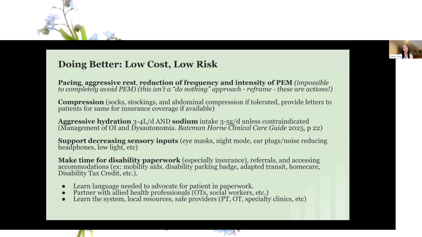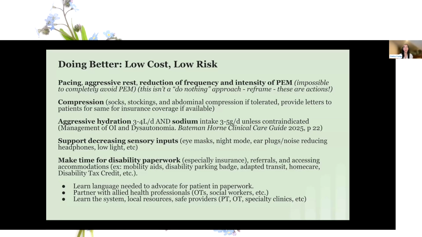And you need to make the time, like I said, to write those notes, those letters for coverage. It's expensive to get mobility aids, to get compression stockings, custom devices to get around, scooters, right? Parking, handicap placard forms. That's what we call them in Alberta. We should be filling those out, adapted transit, home care, disability tax credit, financial supports, whatever forms we can do.